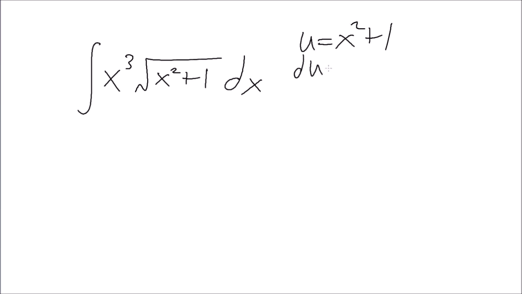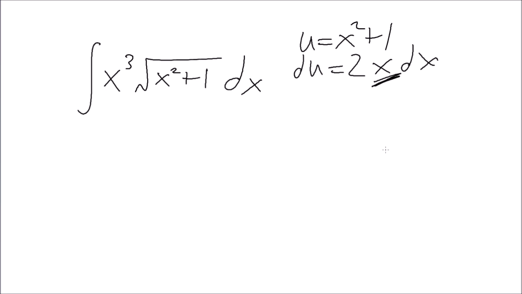But then our du requires 2x. So it needs an x. Right here, what we have is x cubed. Oh no, we're in trouble. We have an x cubed, not an x.